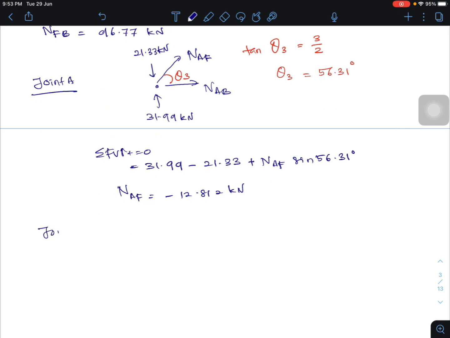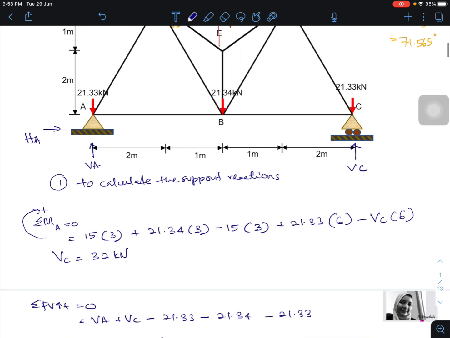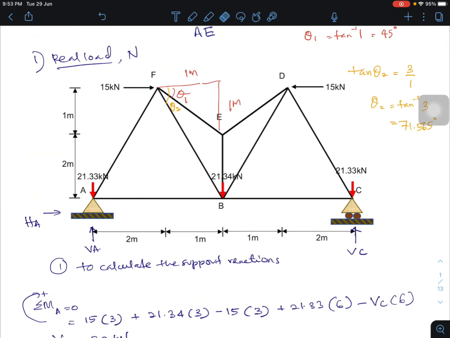Lastly is joint E. Joint E, I prefer to refer to this joint because it has only 3 members, member AD, member FE, and member EB. For your information, in this case, force for member FE equals force for member ED, force for member FB equals force for member BD.